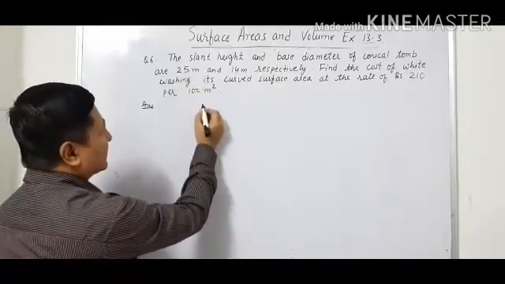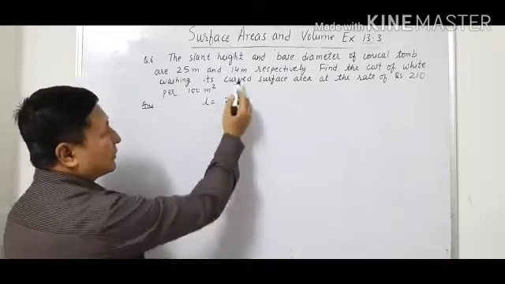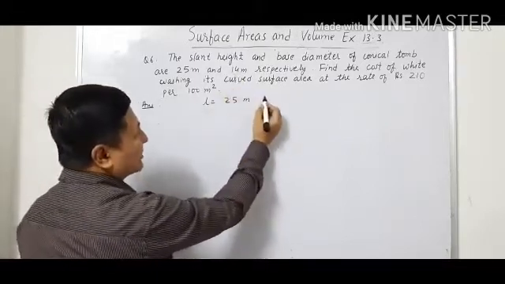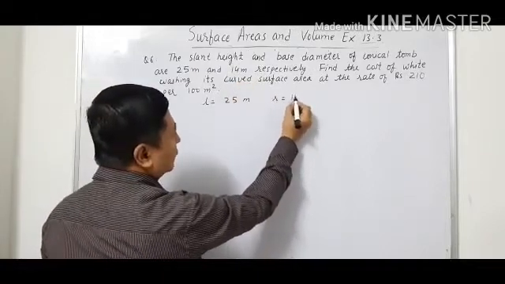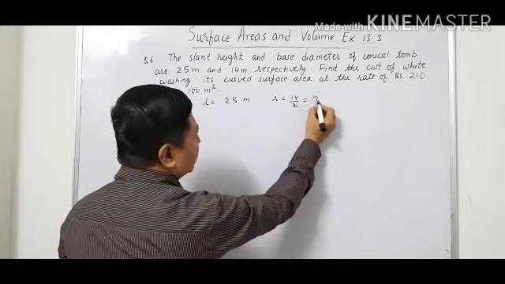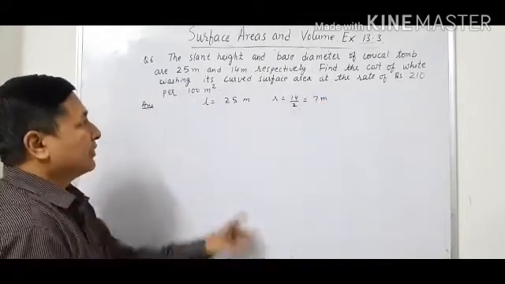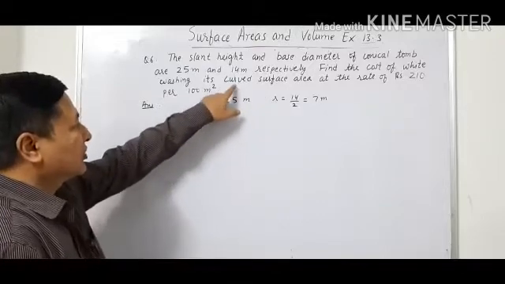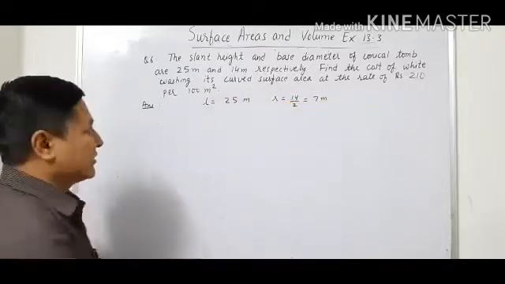The slant height is 25 meter and base diameter is 14 meter. So the radius will be 14 upon 2, that is 7 meter. And we have to find the cost of whitewashing the curved surface area.